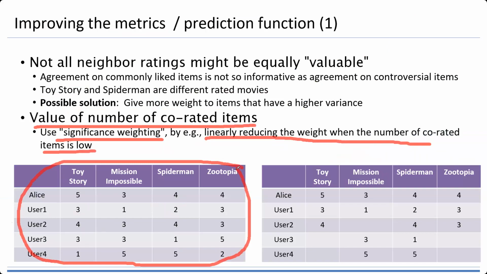So if it is missing, then we call this a co-rated item. Alice, user 1, user 2, they have a co-rated item.